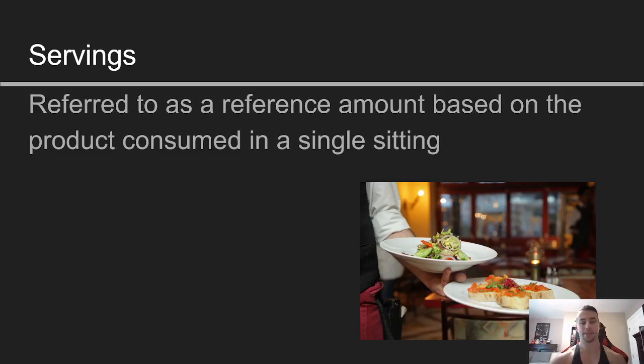So, for example, sometimes you'll see on certain items that a serving size would be 2/3 cup, or 55 grams, but the container itself has 8 servings. So one single serving is basically the single sitting of eating that food item.